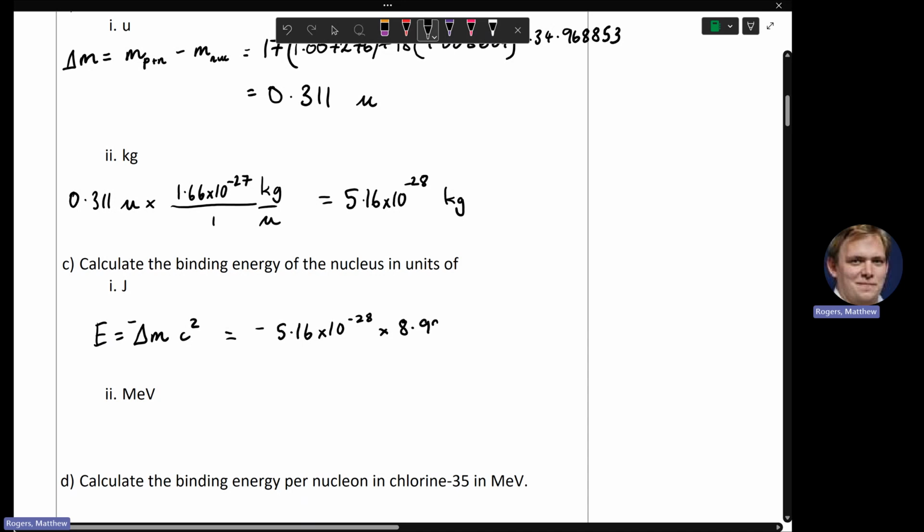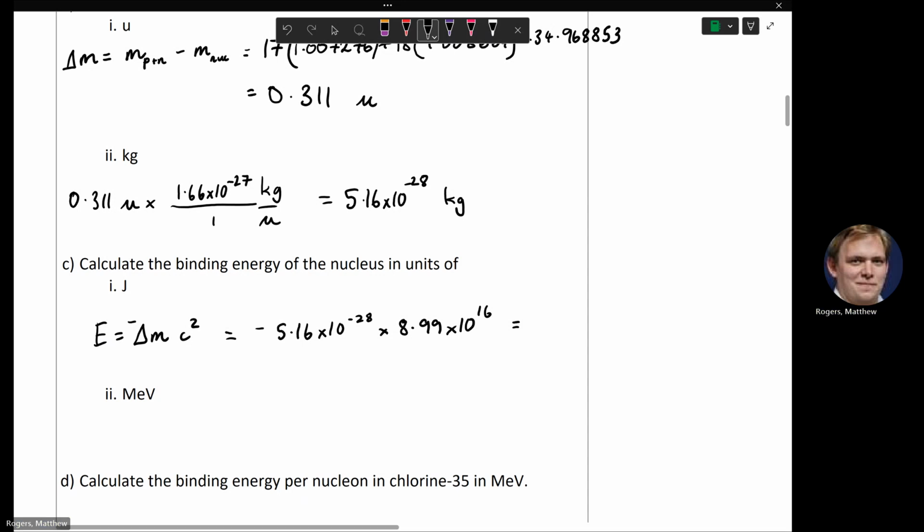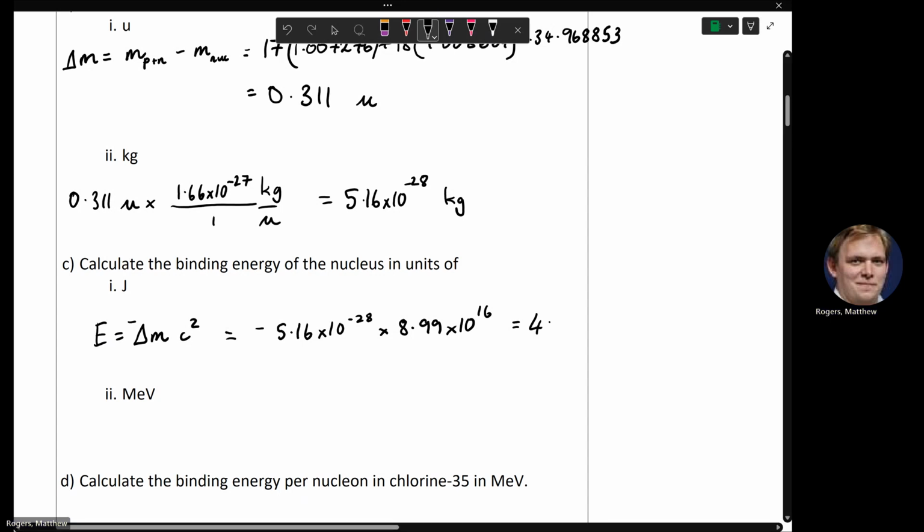We tend to use 8.99 times 10 to the 16, which gives us 4.64 times 10 to the minus 11 joules.